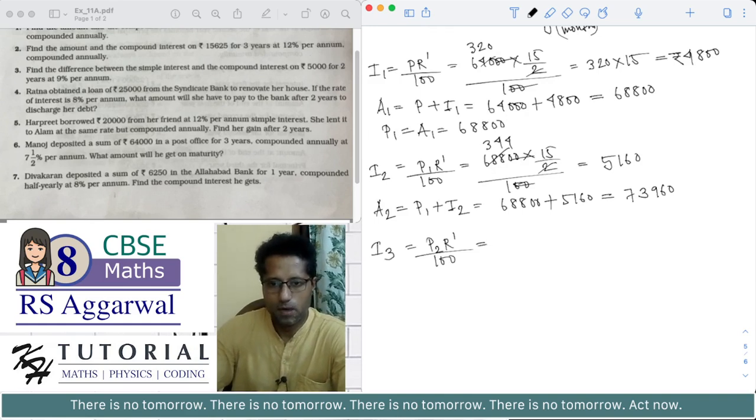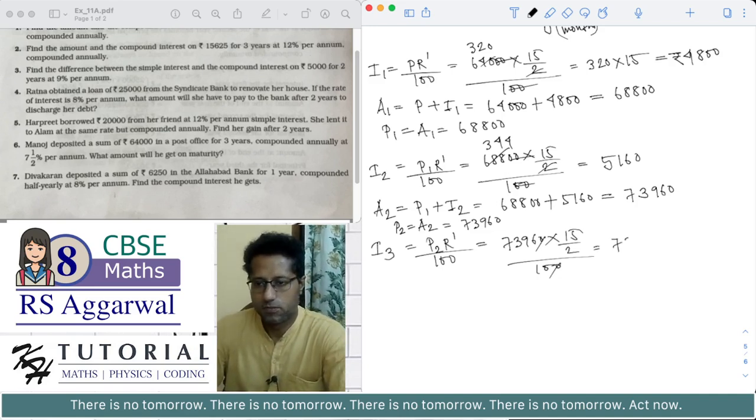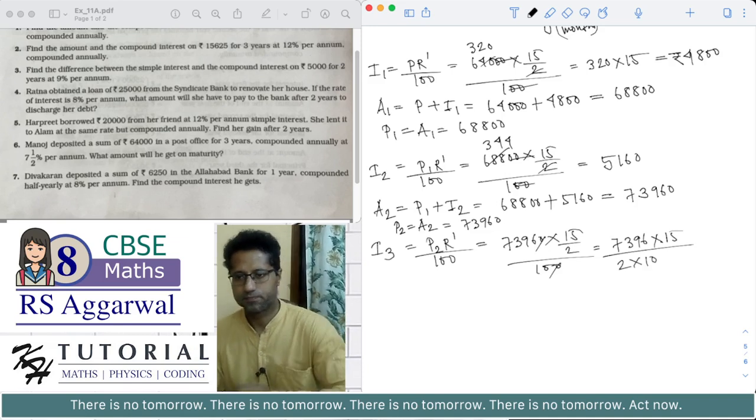Now from A2 we have P2 equal to A2, which is 73960. So I3 is P2 R dash by 100, which is 73960 multiplied by 15 by 2 divided by 100. Okay, so this is equal to 7396 multiplied by 15 divided by 2 into 10.